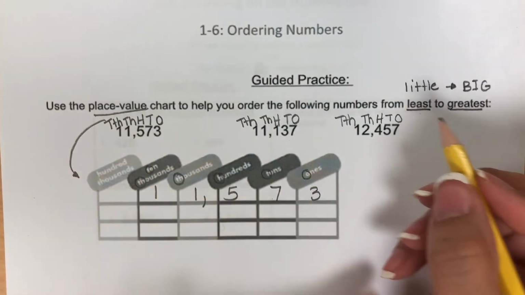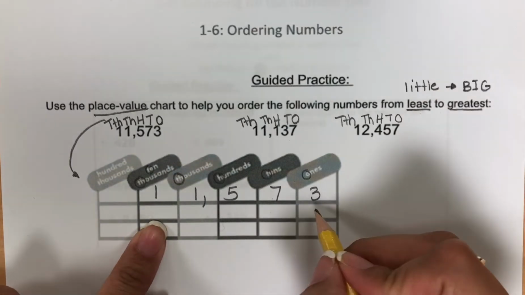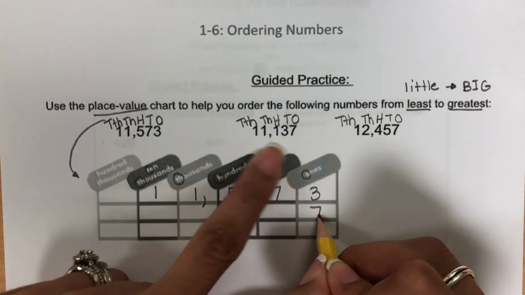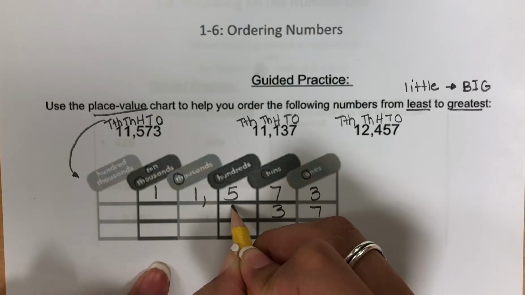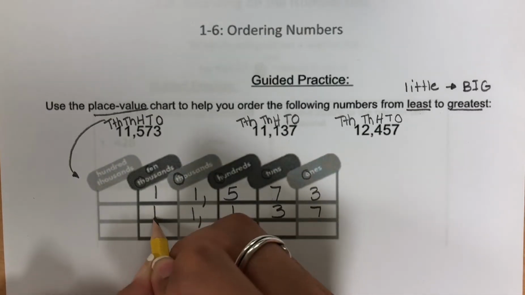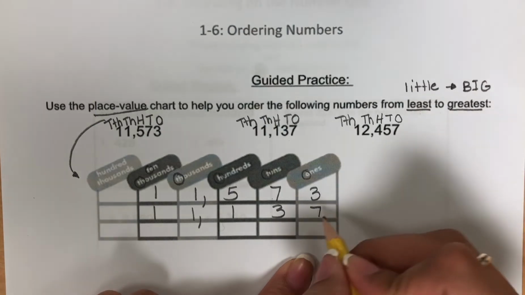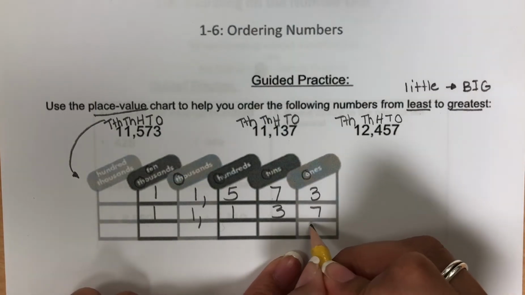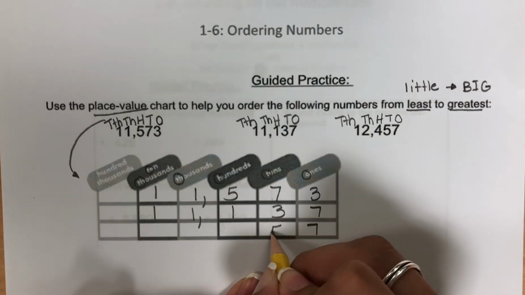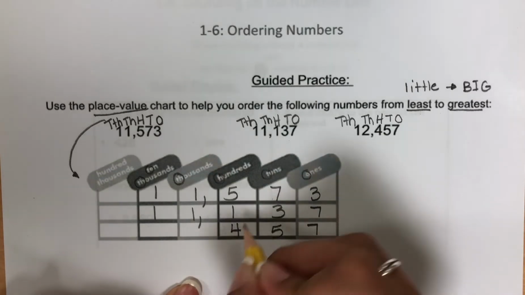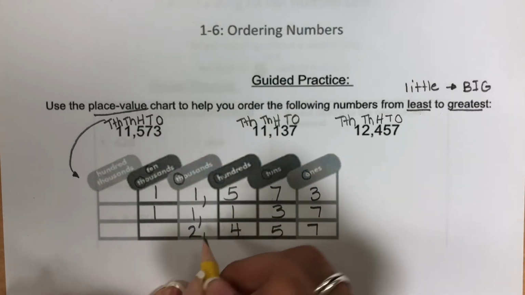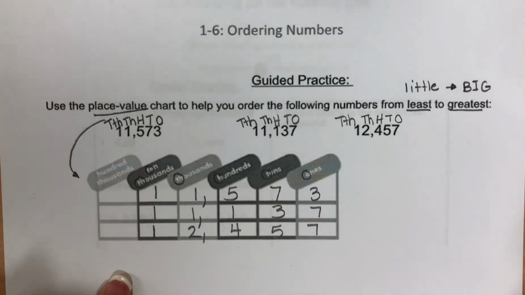I'm going to go ahead and plug in my next two numbers as well, doing it the same way, starting off with my ones, tens, hundreds, thousands, and 10,000s. And my last number, 12,457, the same thing, my ones, tens, hundreds, thousands, and 10,000s.